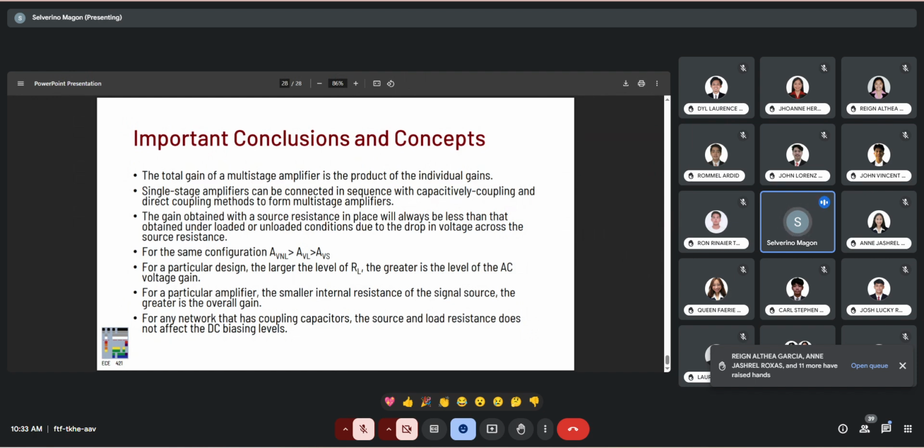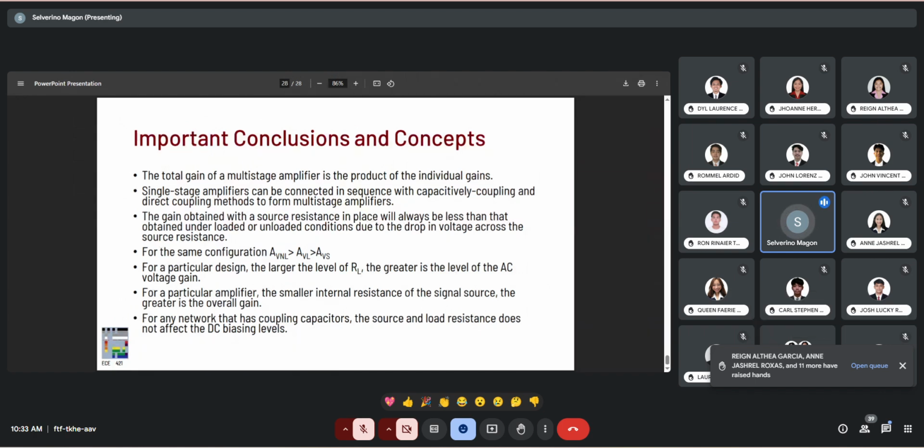If no objections, then the proposed midterm exam schedule will be on April 5, Saturday, and that will be from 7 to 10 p.m. It's a little late, but this is the schedule that will be able to cover all the other schedules and even the irregular blocks.